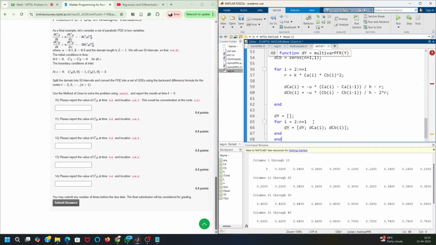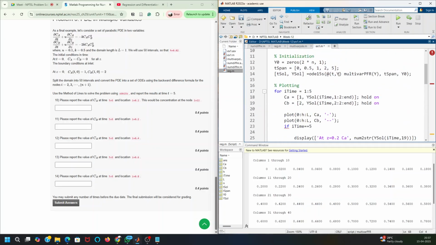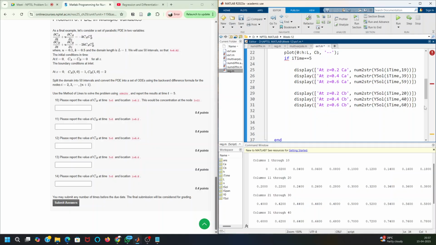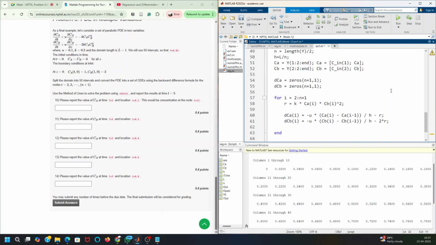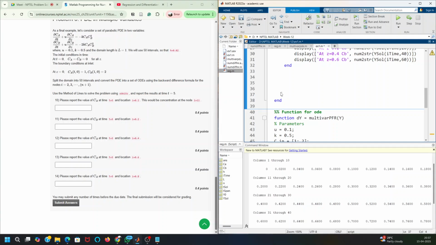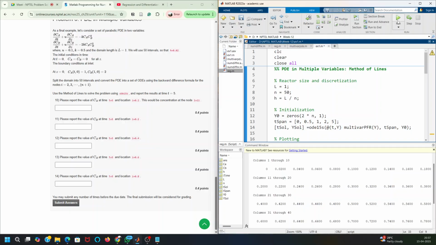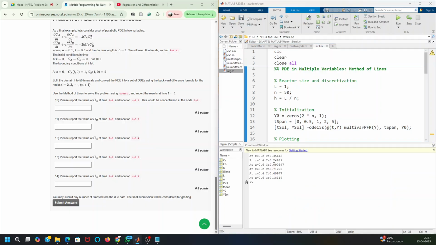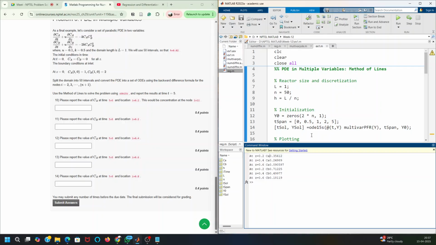So now I can just make this also 10 run. So you can see these are the values which I am getting there.